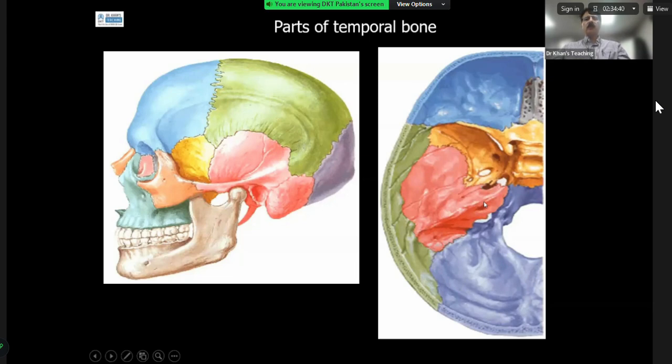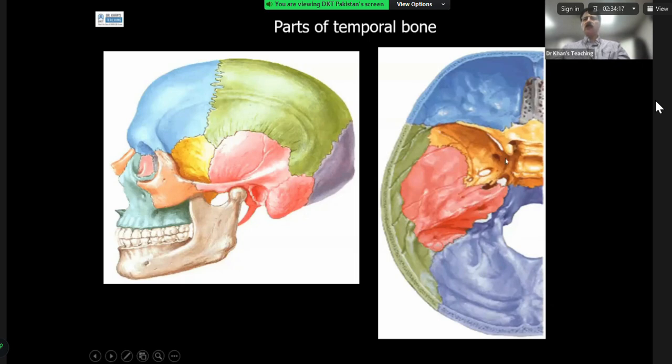So there are five parts of the temporal bone: squamous part, mastoid part, tympanic part, styloid, and the petrous part. Today we are most interested in the petrous part.